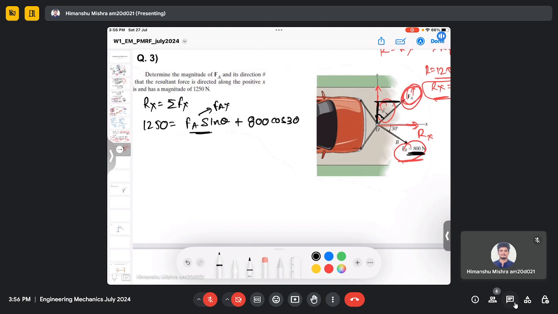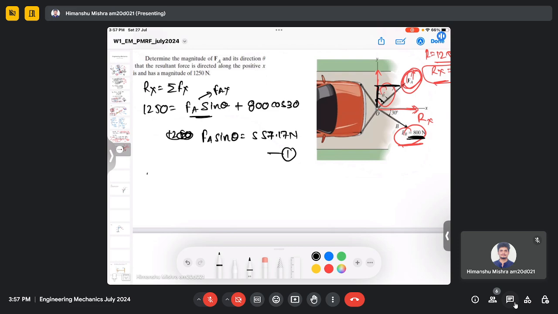This is the x component of force Fb, which is 800. So I can calculate this. So here we have Fa sin theta equal to 557.17 Newton. So this is my equation 1.